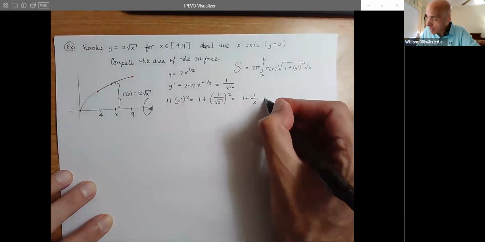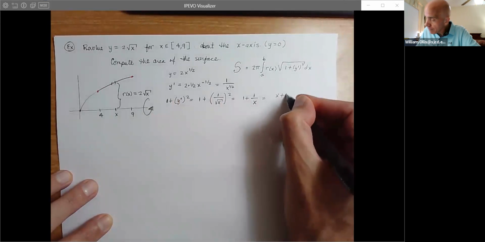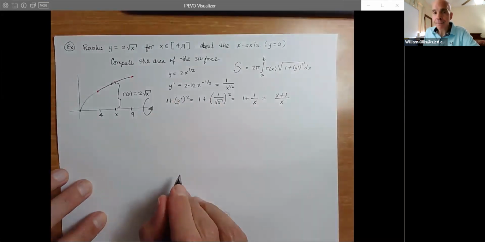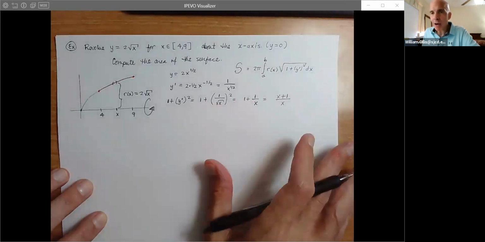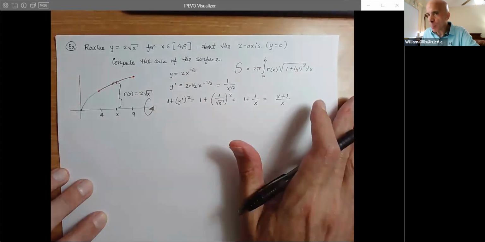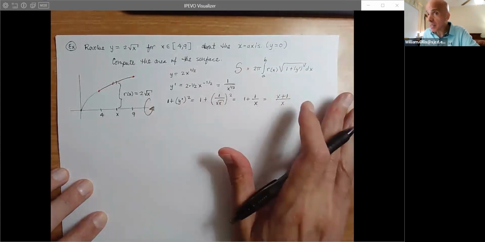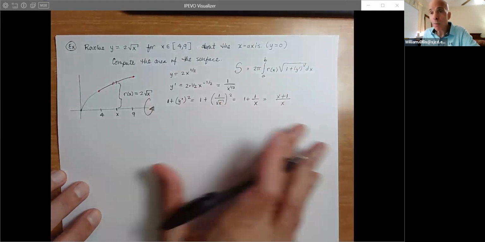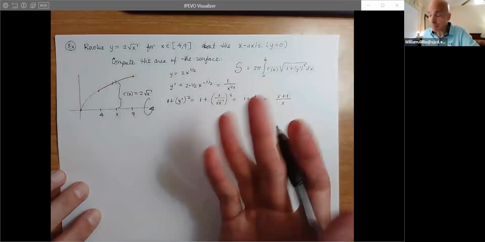So this will be x plus 1 over x, like that. Don't worry about the algebra. Work out the algebra, clean everything up. Usually a common denominator is preferred. It will help open the door to patterns that will help you out, okay?